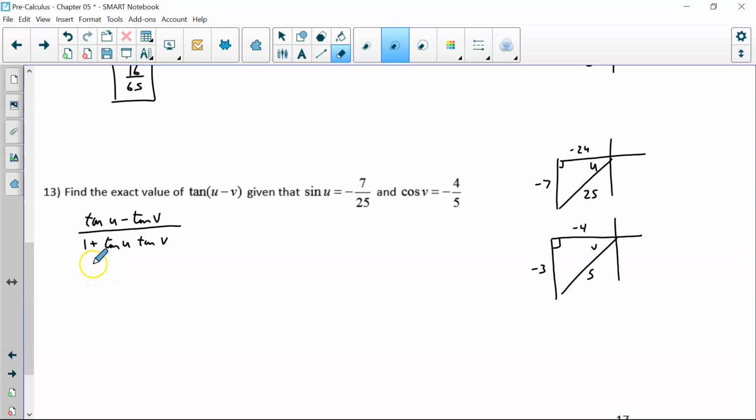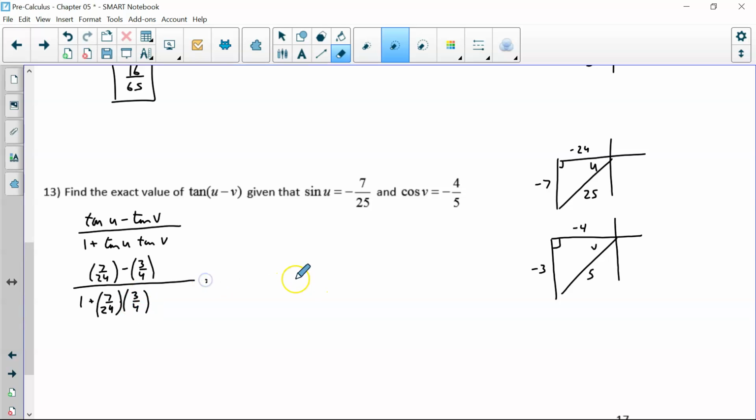So tangent for triangle u, negative 7 over negative 24 is a positive 7 over 24, minus the tangent of v, which is negative 3 over negative 4, which is 3 over 4. All divided by 1 plus the tangent of u, which we already found is 7 over 24, times the tangent of v, which is 3 over 4. We found those above.